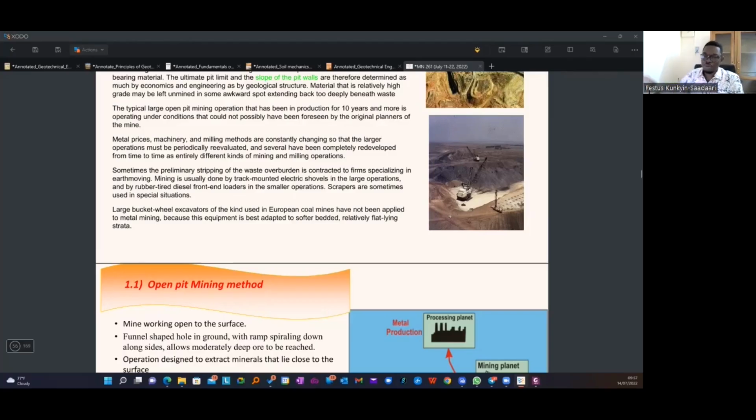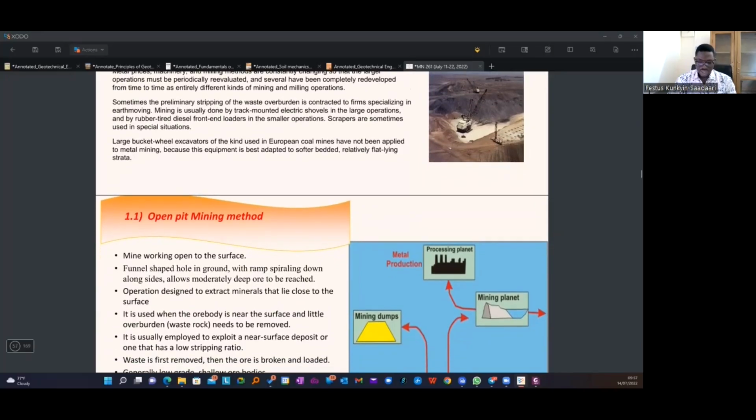So that number of passes, if it was within its range, it may do let's say 5 or 6 passes. But today it has to go beyond that in order to fill a truck. And so some of these things will change as you go along with an open pit mine.